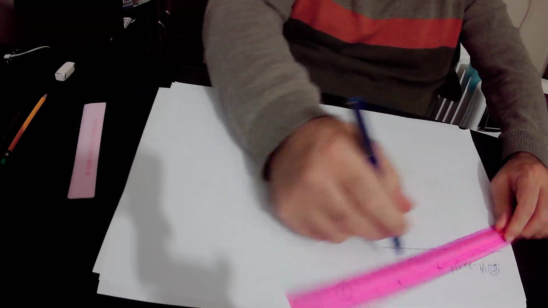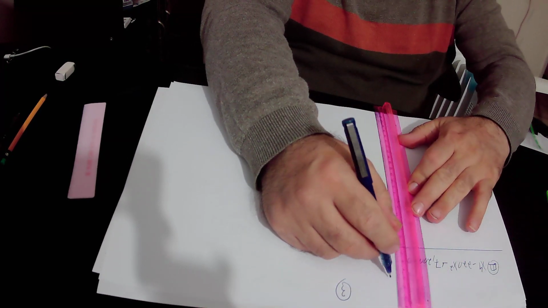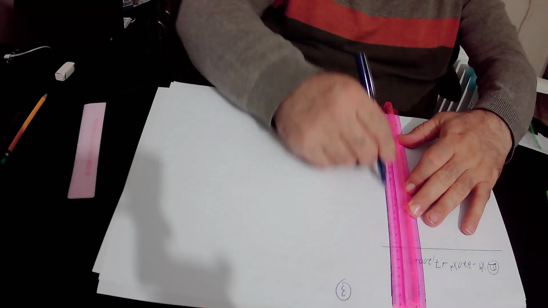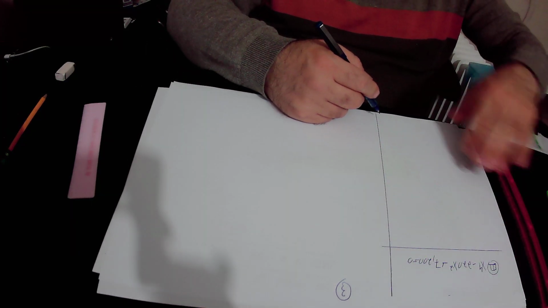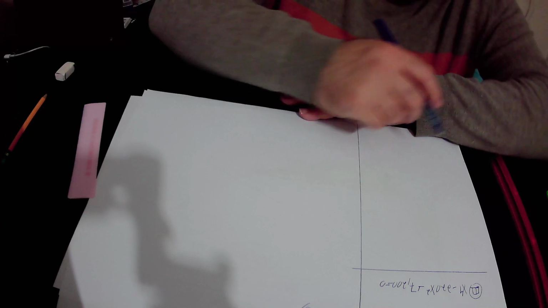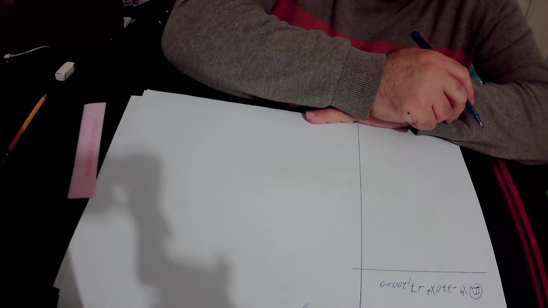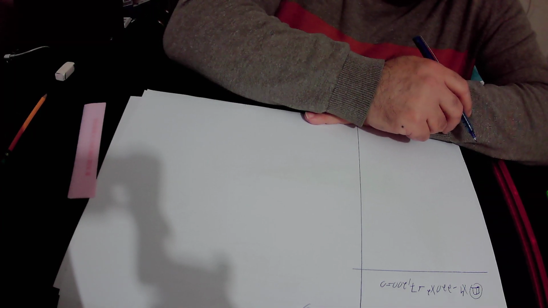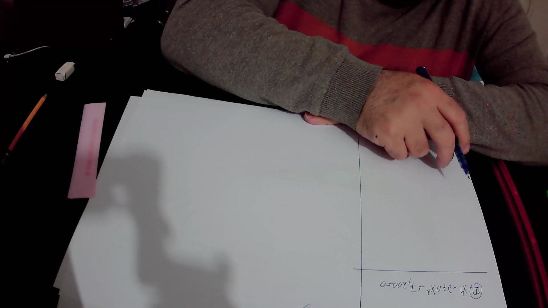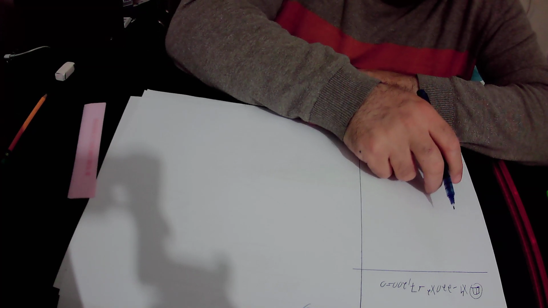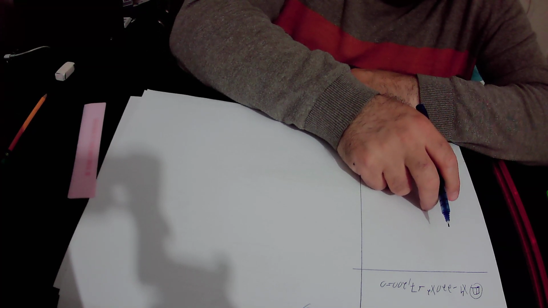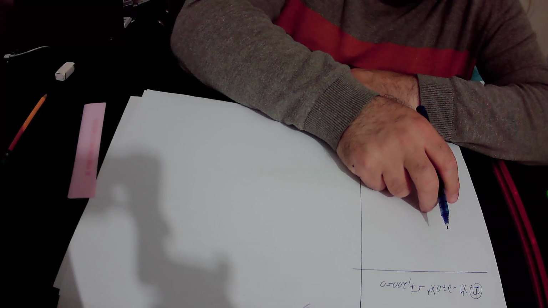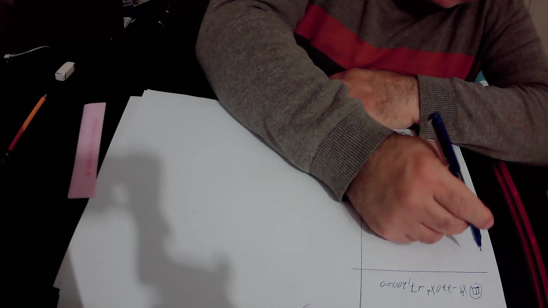Minus 220 is minus 180 minus 40, so we'll write down that minus 220 x squared equals minus 180 x squared minus 40 x squared.